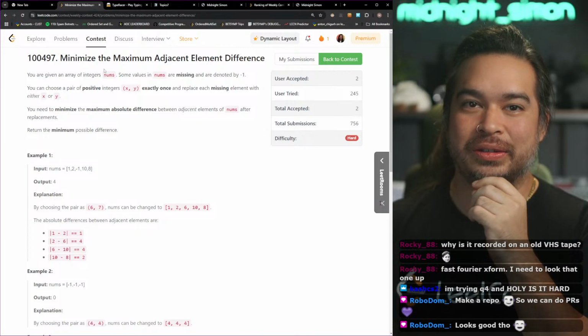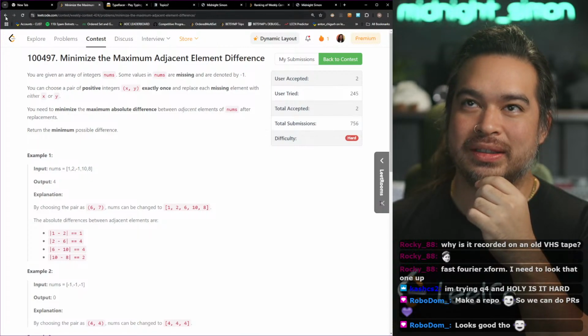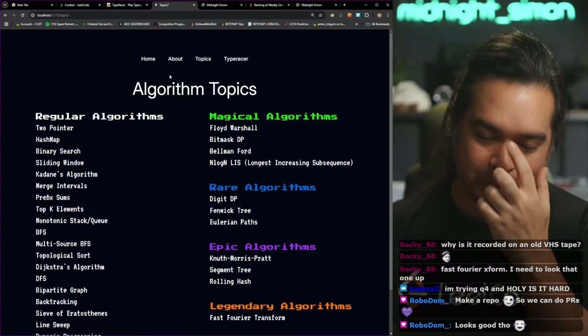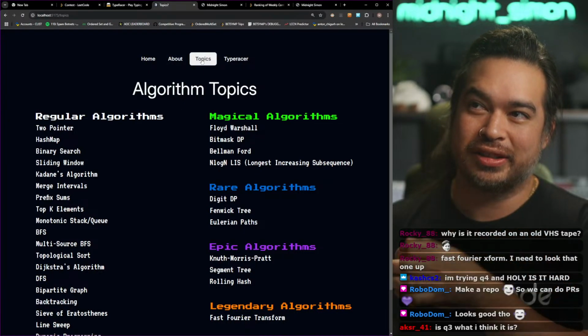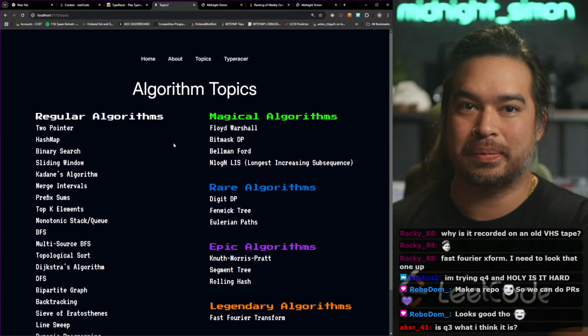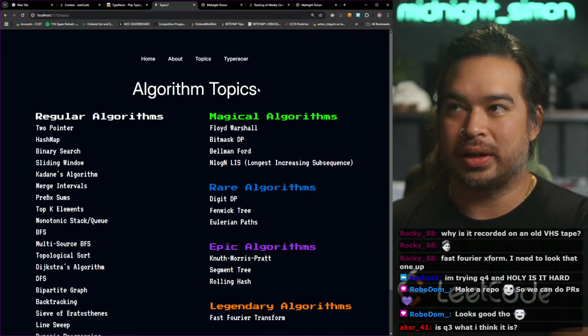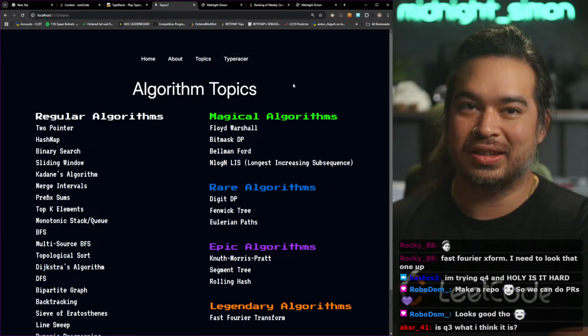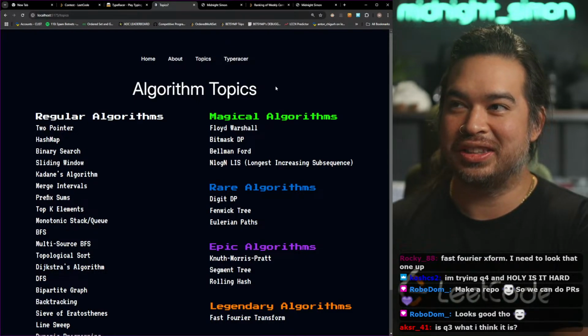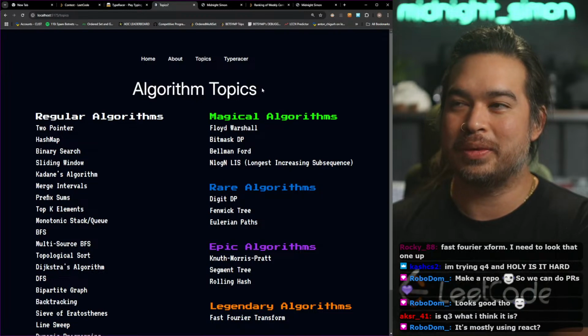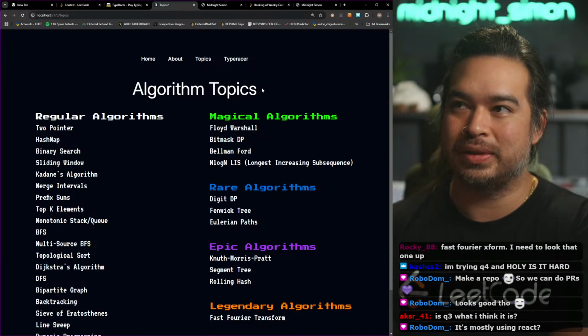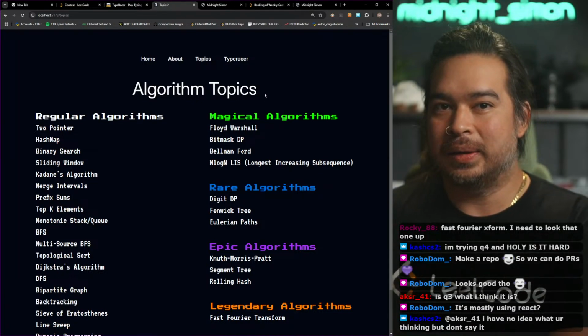Looks good, thank you. Yeah, Robodom, I have a repository for it, but it's not public. It's just a private thing. AKSR, I think you could probably solve Q3, man, if we're about the same skill level.